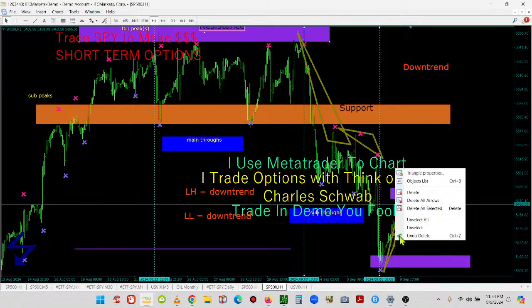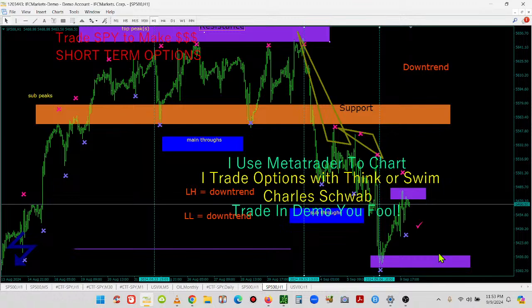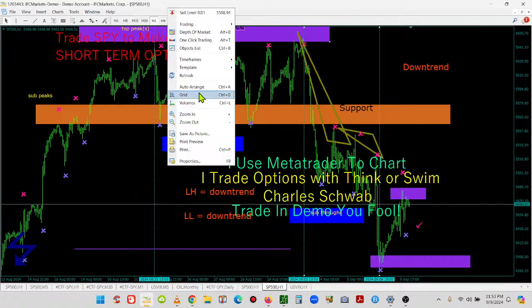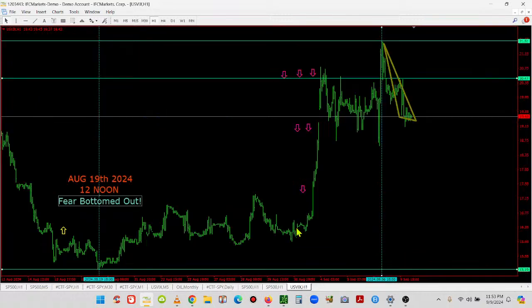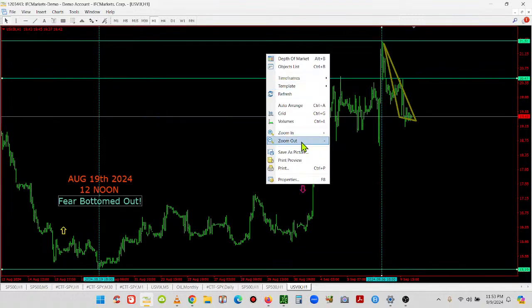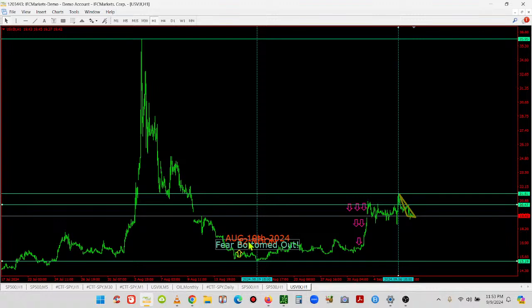So they're direct opposites. And zoom back out. We could also zoom back out of this. Let's zoom out.